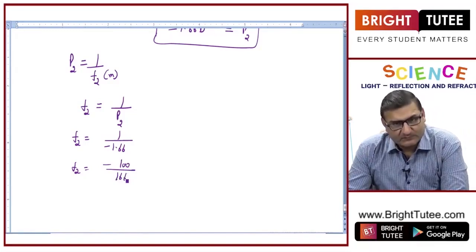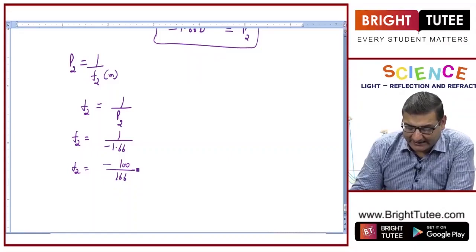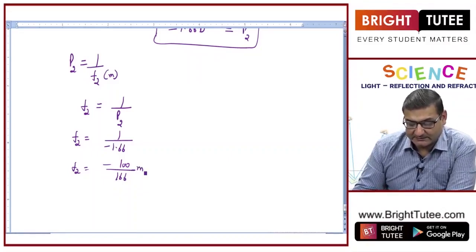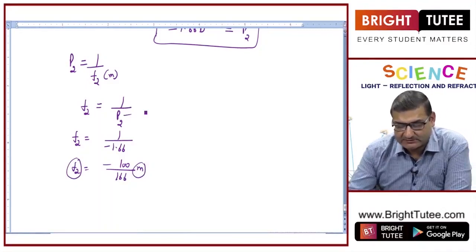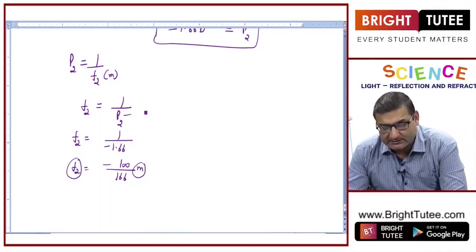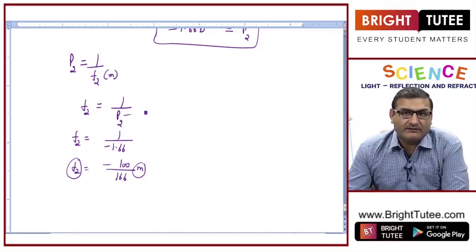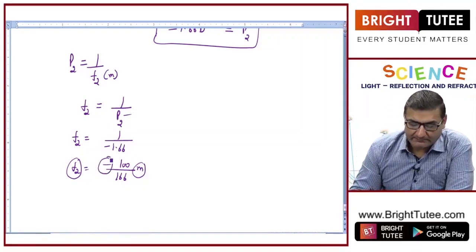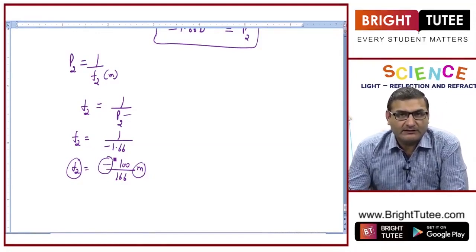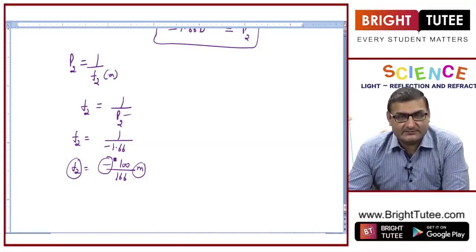Right? Fine. So, this will be in meters because the focal length is given in meters when the power was in diopter. So this is the focal length of the second lens, and because it is in minus, therefore we conclude that it is a concave lens. That means it is a diverging lens.